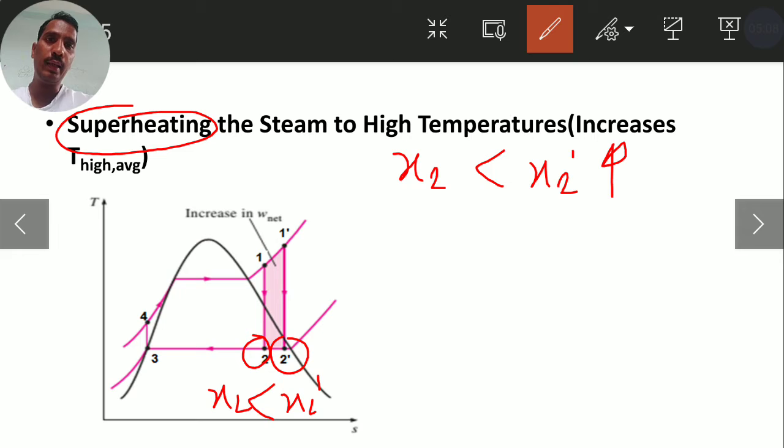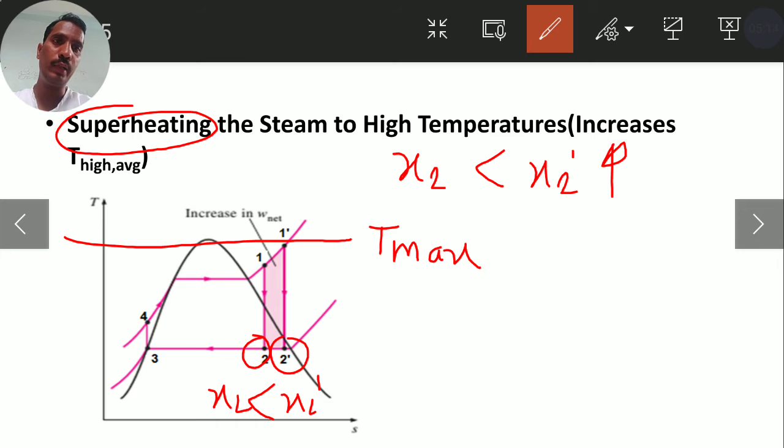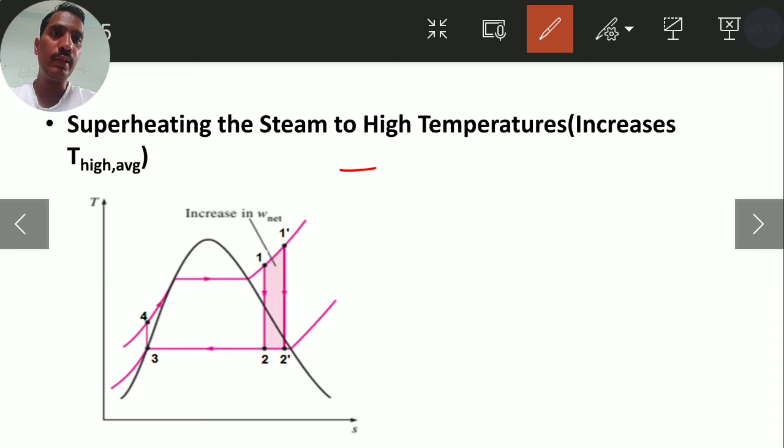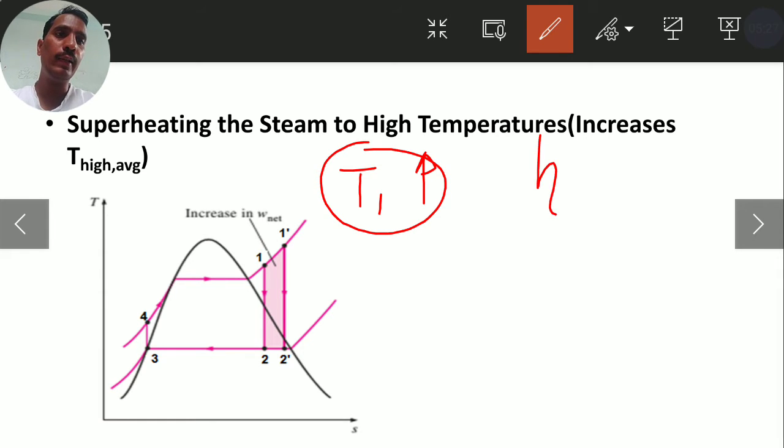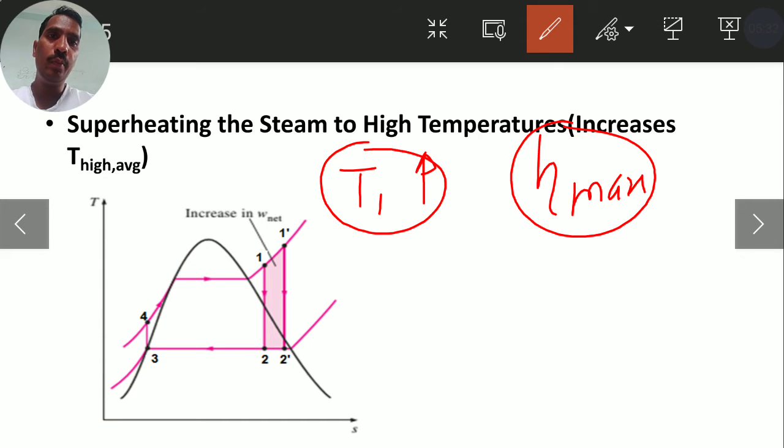Now here we can fix the maximum temperature of superheating. How? As we are increasing the temperature T1 as much as possible, we get the maximum Rankine cycle efficiency. But there is a limitation for this T1. What is that limitation?